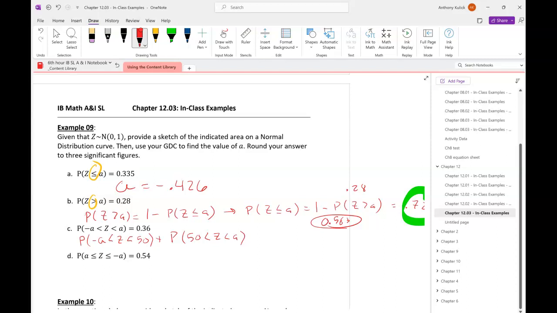We can say that, right? I don't know why I wrote 0 there.